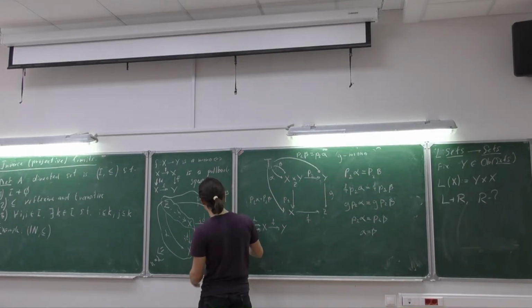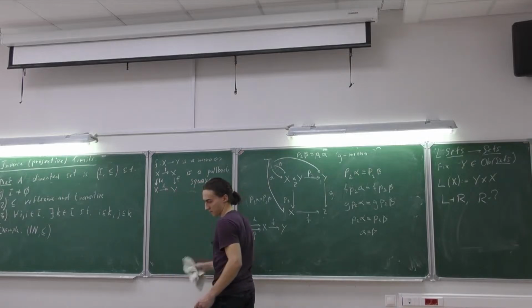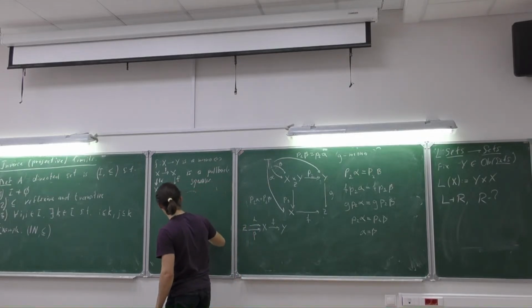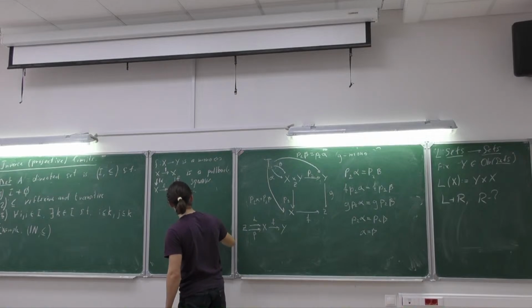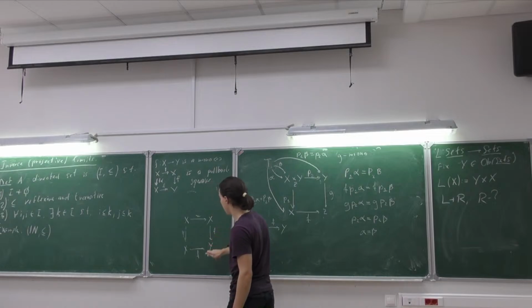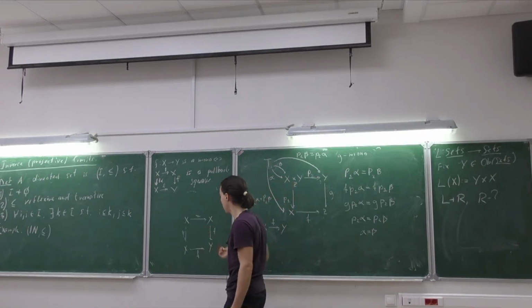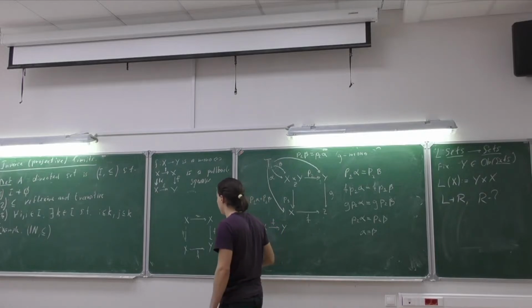Yeah, so let's erase this mess. Now again, we have X, Y, f. This time we know that f is mono, and we want to show that this is a terminal object. This is actually simple.